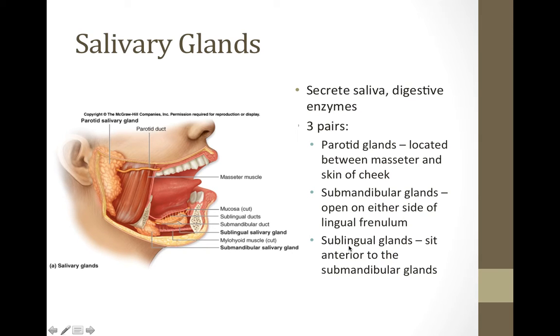Sublingual gland is beneath the tongue. Glands beneath the tongue. Okay, so sublingual and submandibular glands are essentially in the same area. Submandibular glands are just a little bit farther back.